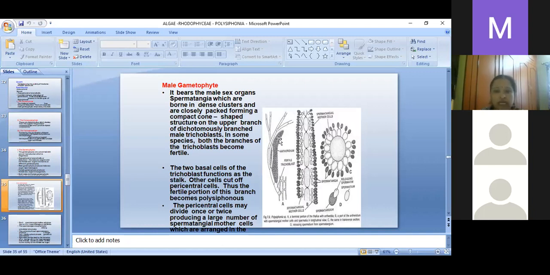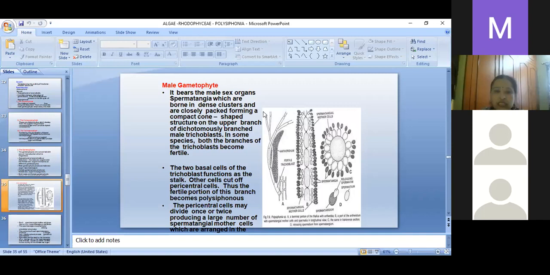This fertile branch forms the male gamete. Here you can observe the two basal cells of the trichoblast, where the arrow mark is. These two basal cells function as a stalk. The other cells cut off pericentral cells.